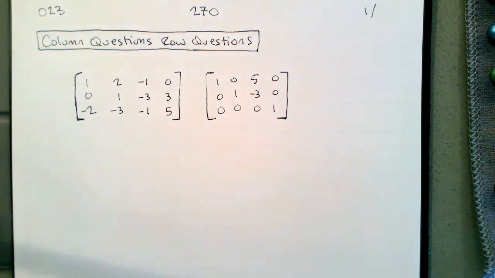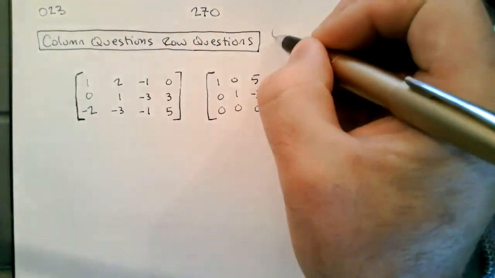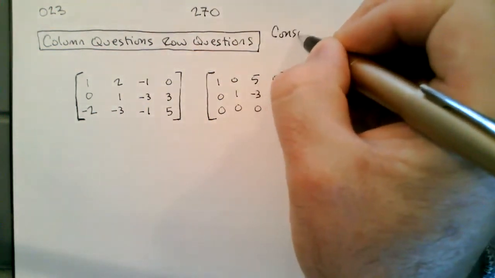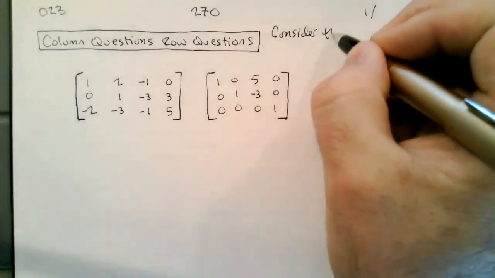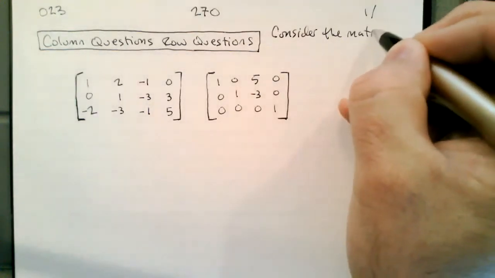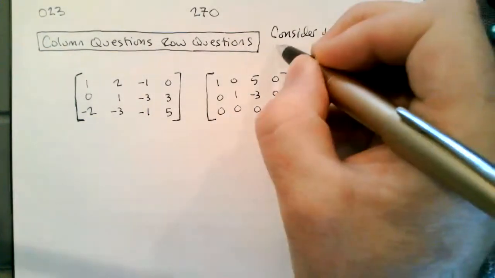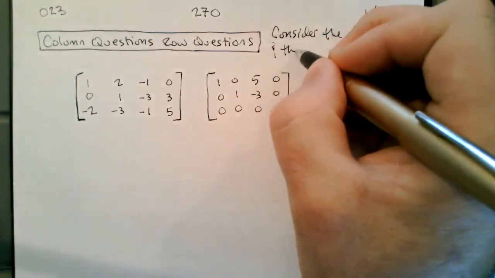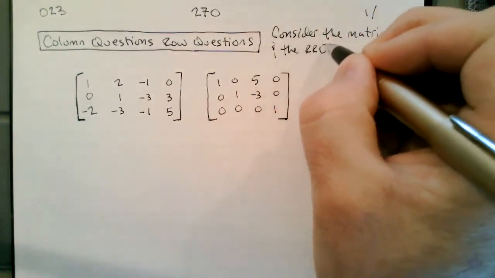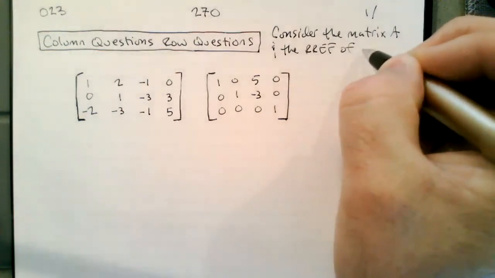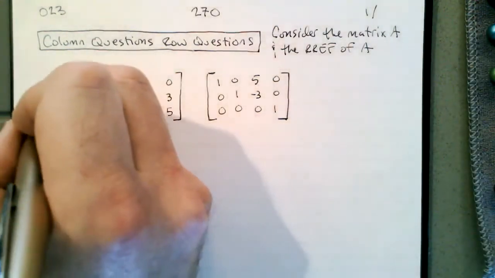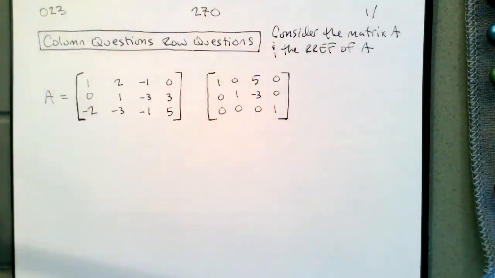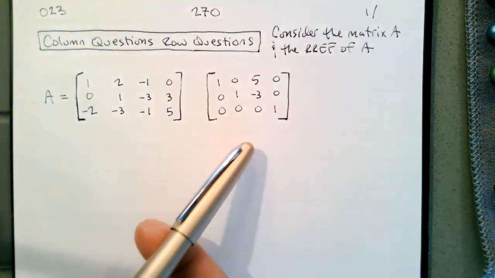So let's remove all doubt by saying, consider the matrix A and the reduced row echelon form of A. So I'm going to say A is this matrix, and we're going to stipulate that it is row equivalent to this reduced row echelon form.